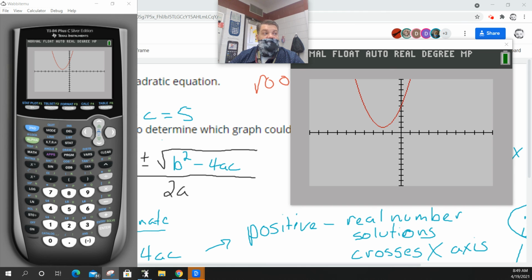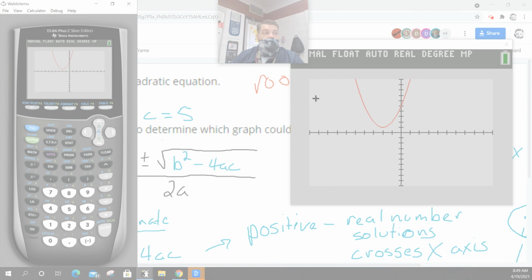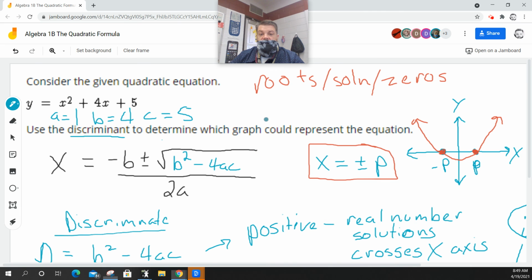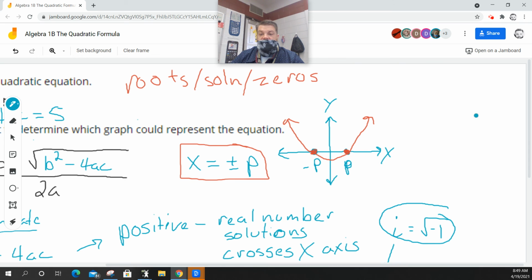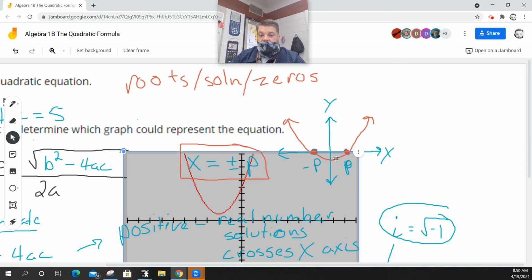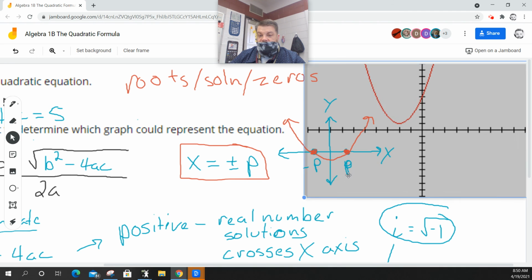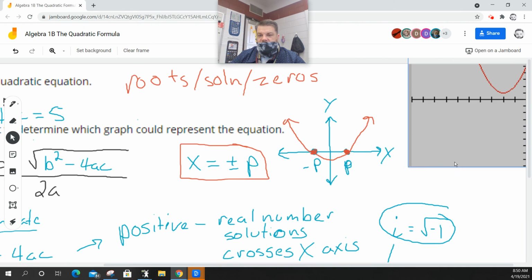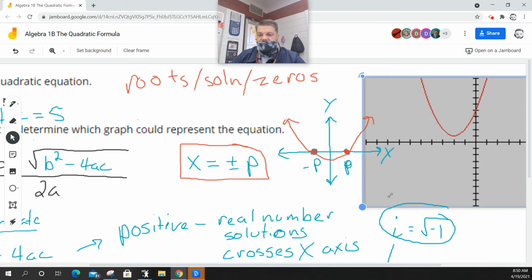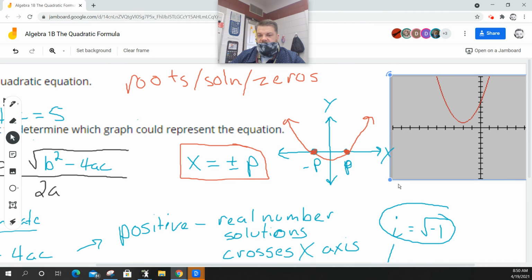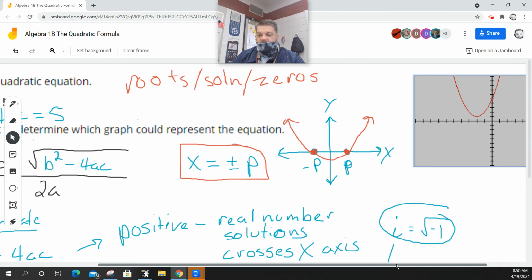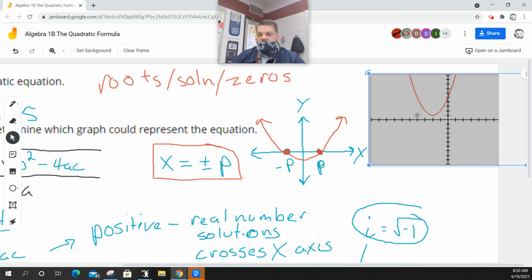So a lot of times, like if you're doing some fancy math, like if Mr. Adams does research or something like that, and I look at the data and I see that it doesn't cross the x-axis, well, I got to back up a little bit. There's two scenarios. If I see that my data does not cross the x-axis, I know that I'm not going to have a real number solution.